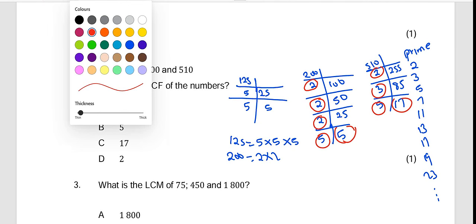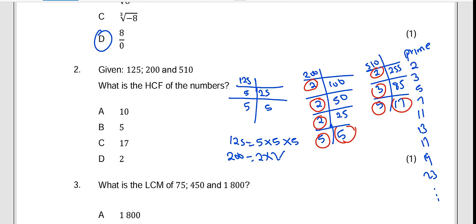All right. So it's going to be 2 times 2 times 2 times 5 times 5. And then for 510, it's going to be 2 times 3 times 5 times 17.